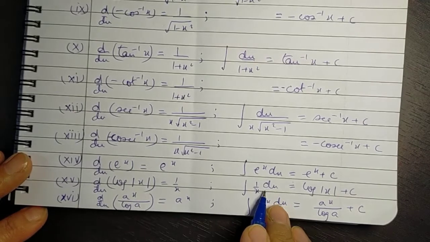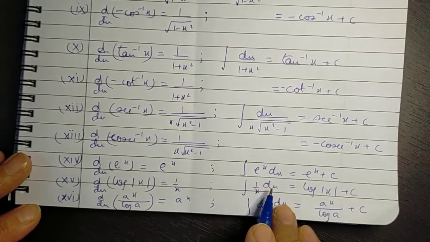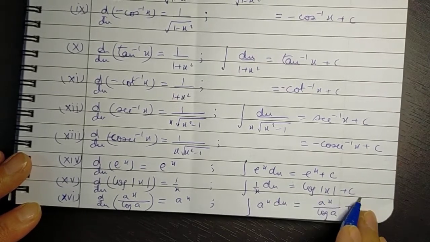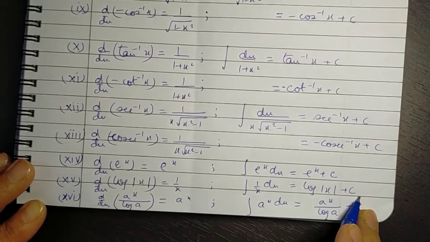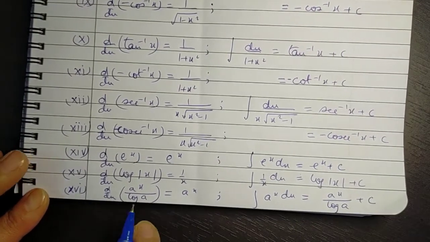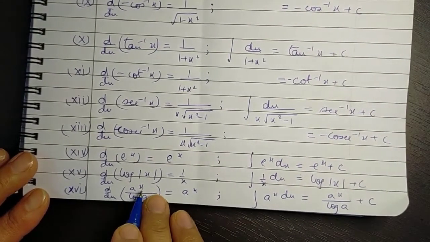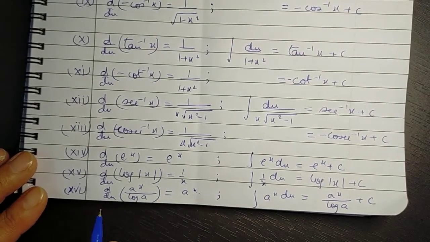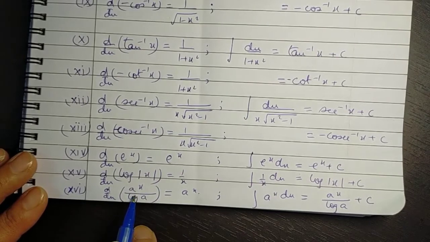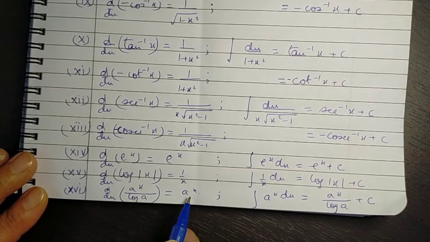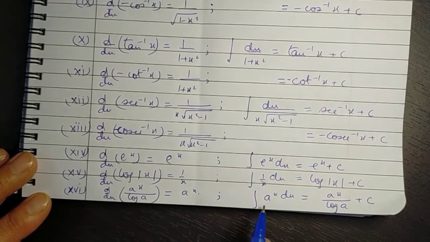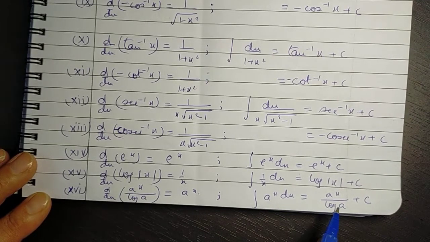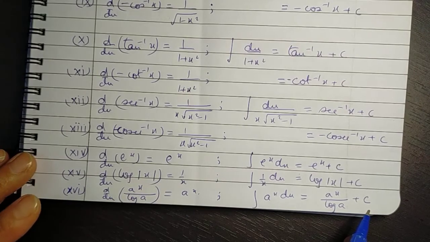So whenever you get 1 upon x and you have to find the integral, you will replace it with log x plus c. Again, the derivative of a raised to the power x is a raised to x log a, and so we can write it as the derivative of a raised to x upon log a is a raised to x. So the integral of a raised to x dx is a raised to x upon log a plus c.